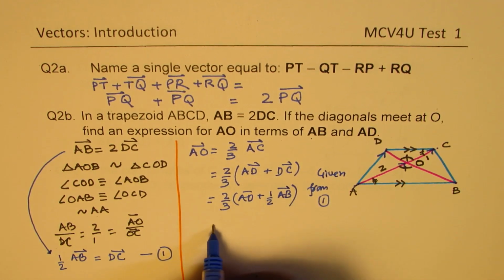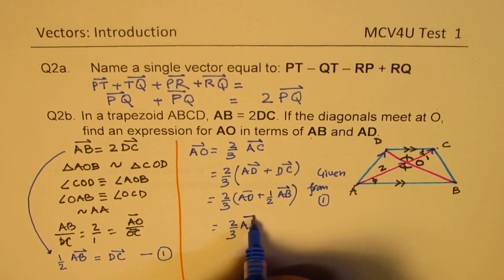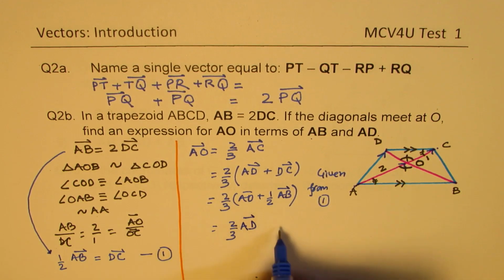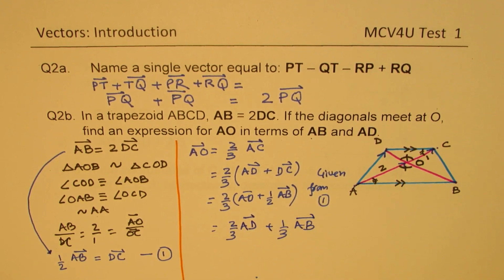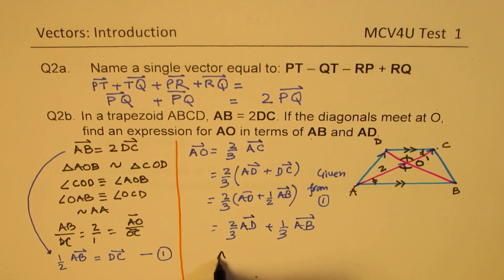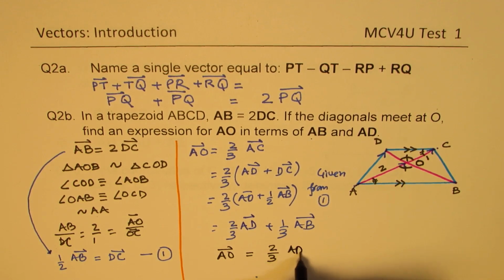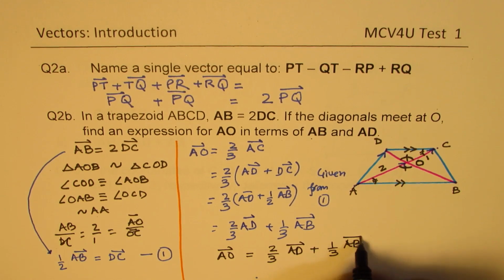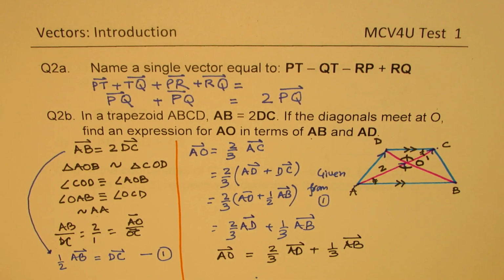Now if you open the bracket, you get 2 over 3 AD, and that 2 and 2 cancel, so we get plus 1/3 of AB. And therefore we get now a relation of AO as equal to 2/3 of AD plus 1/3 of AB. Clear? So that is how you're going to show this. I hope the steps are absolutely clear.